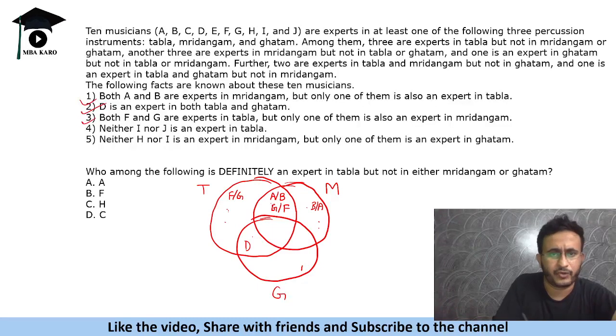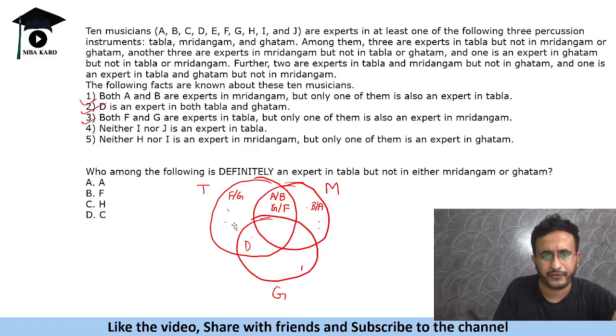Neither I nor J is an expert in tabla. So if I and J are not experts in tabla, I and J can be one out of these three people, right? So we'll come to it later. Neither H nor I is expert in mridangam. So that means they will come into these three possibilities, but only one of them is expert in ghatam.